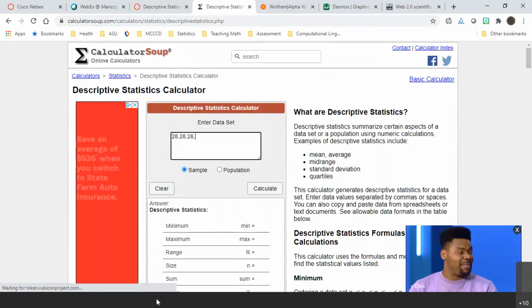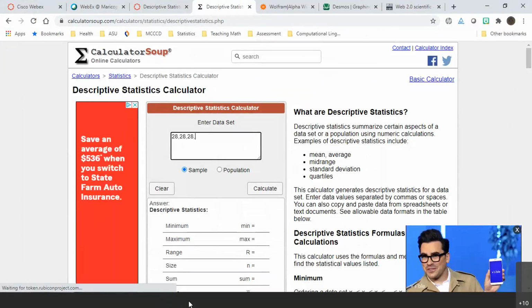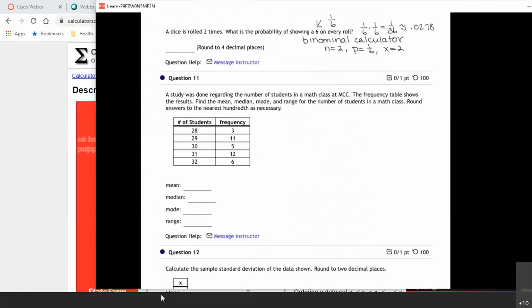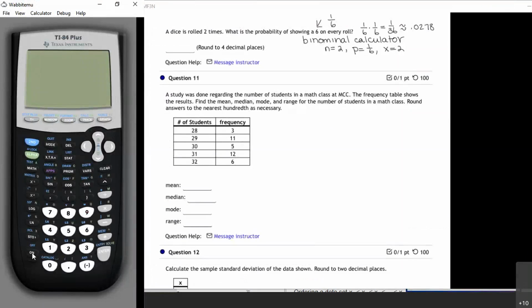If you've got a TI-84, on the other hand, let me go back to my worksheet and bring up the TI-84 and share that with you. So you are going to use your lists.